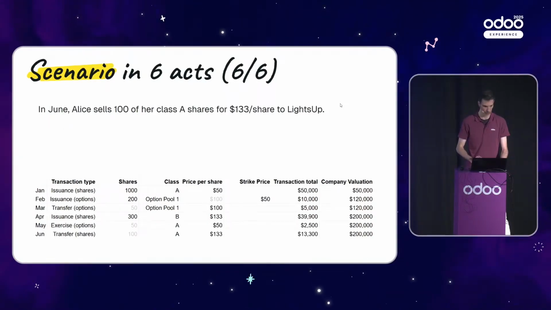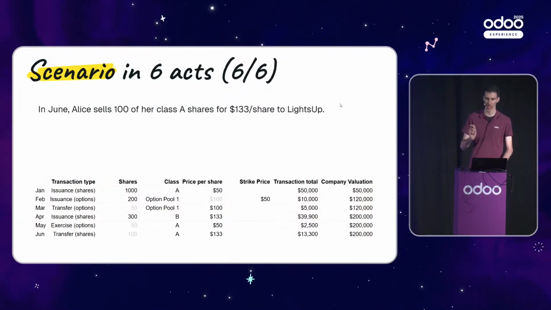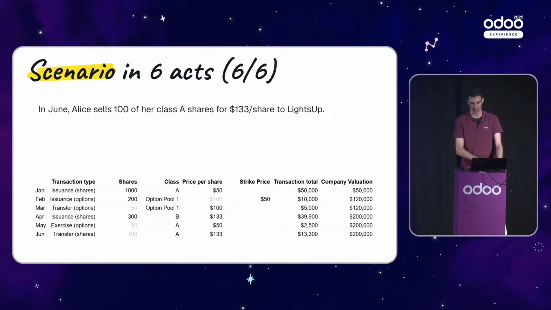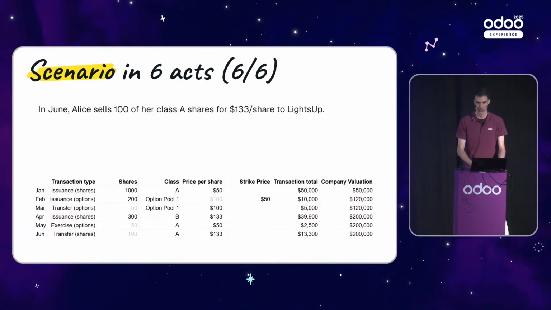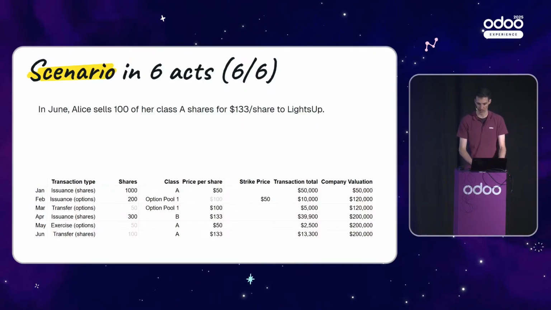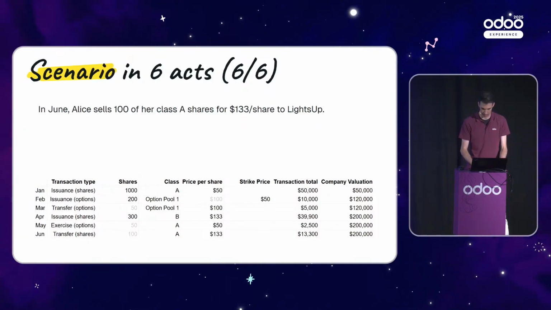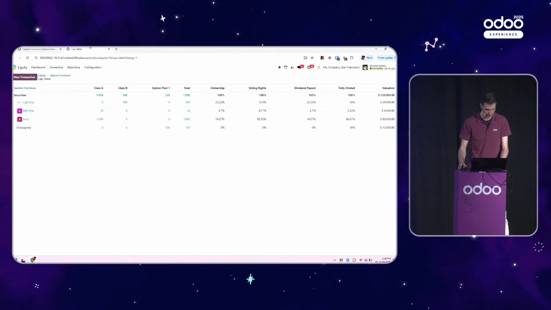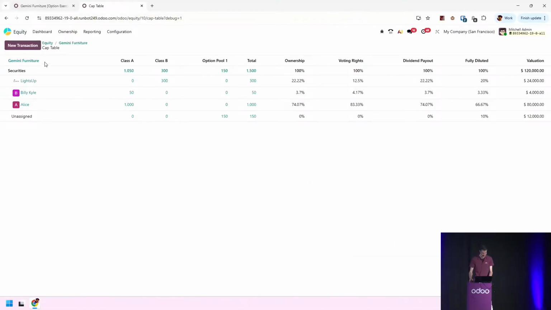Finally, in June, Alice sells 100 of her Class A shares for $133 per share to Lights Up. So still, same valuation. The company is stabilizing at $200,000, if I entered it correctly. Let's verify.